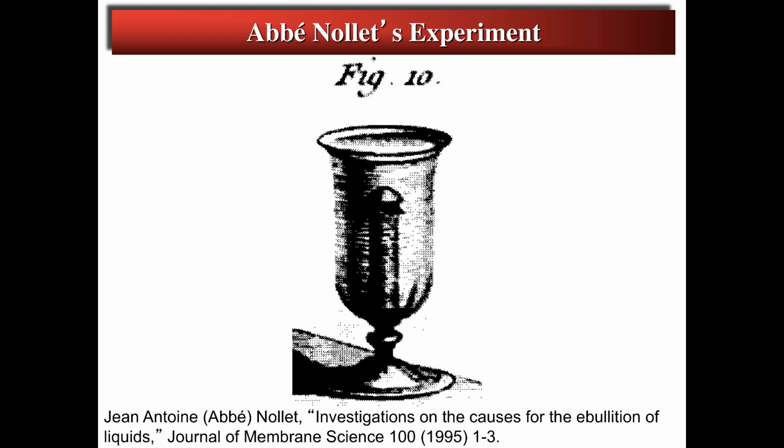And this is a drawing from the original article by the Abbé Nollet of the device that he was using in his experiments. I'll take just a very short detour to draw your attention to the Journal of Membrane Science, volume 100.